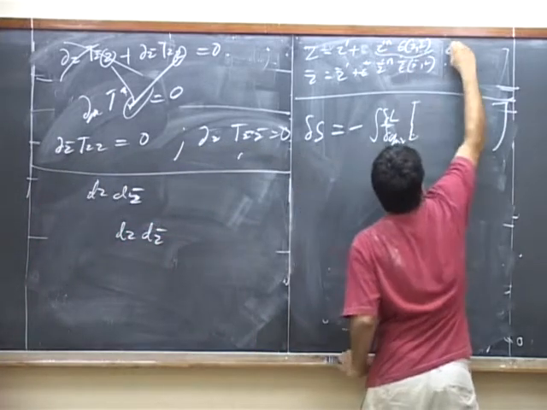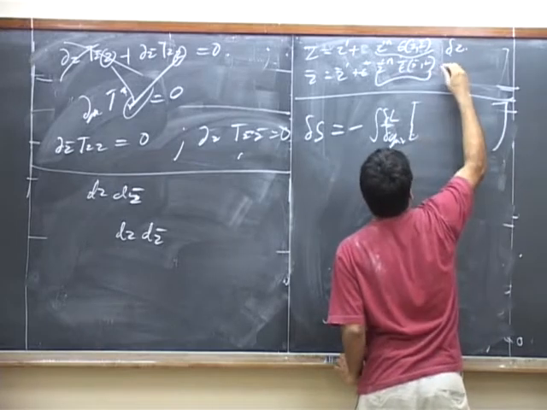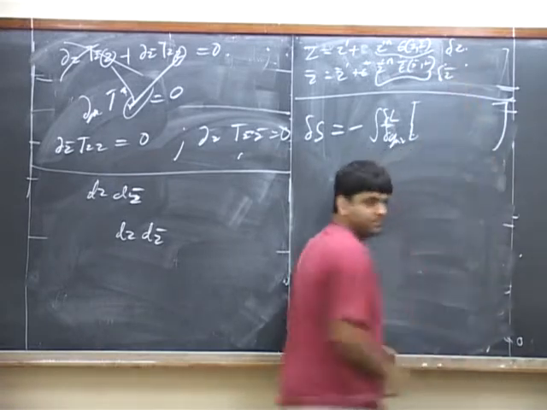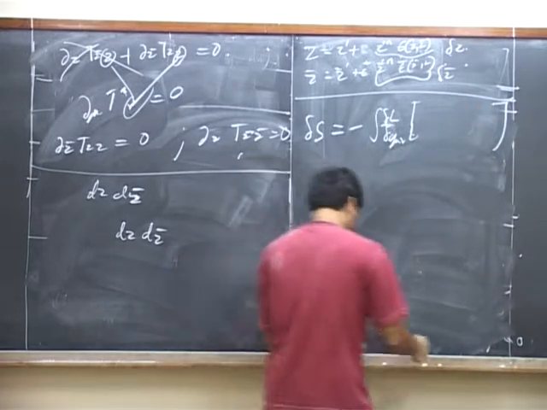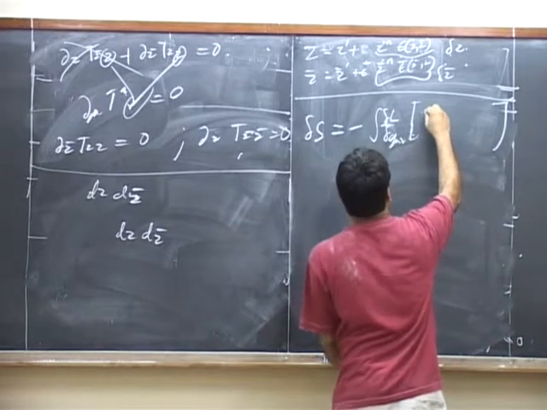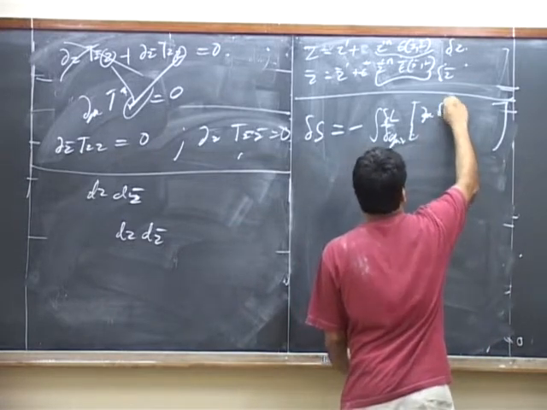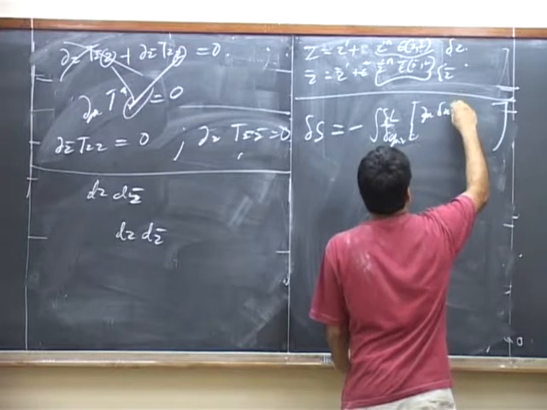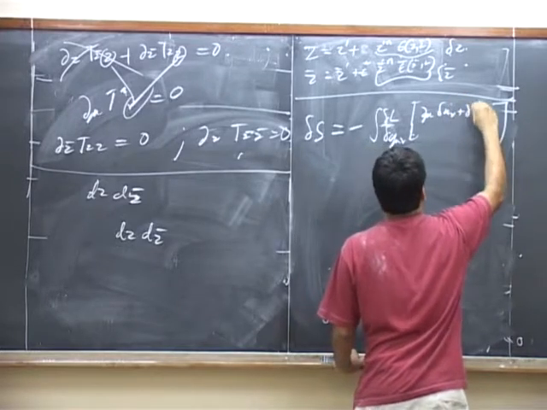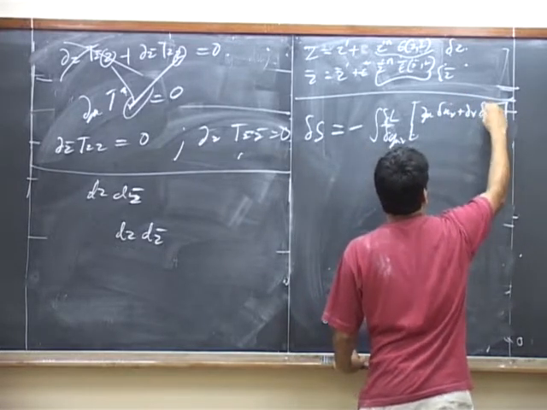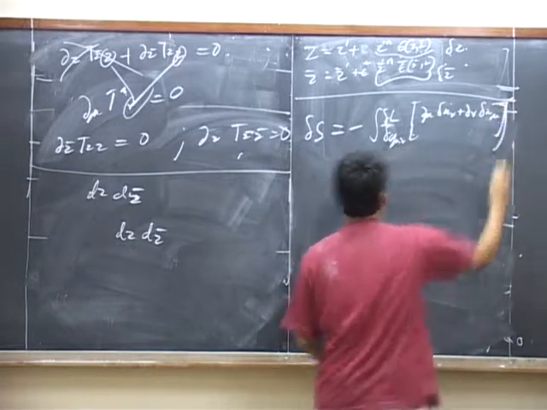Let's call this thing delta Z and this thing delta Z bar, to make the notation simple. So times del mu delta x mu plus del mu delta x mu.